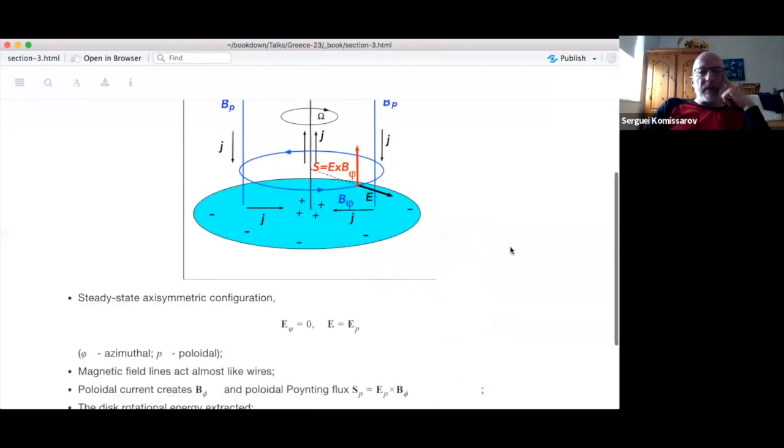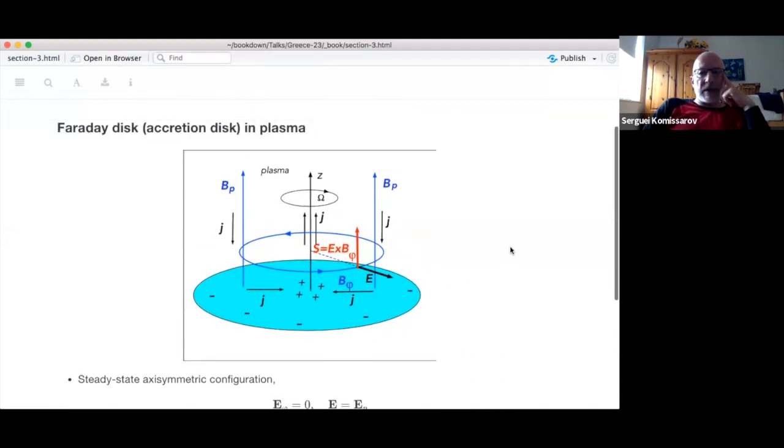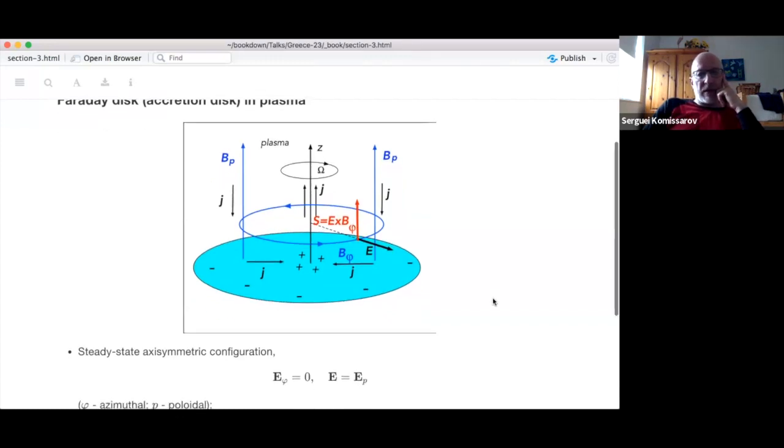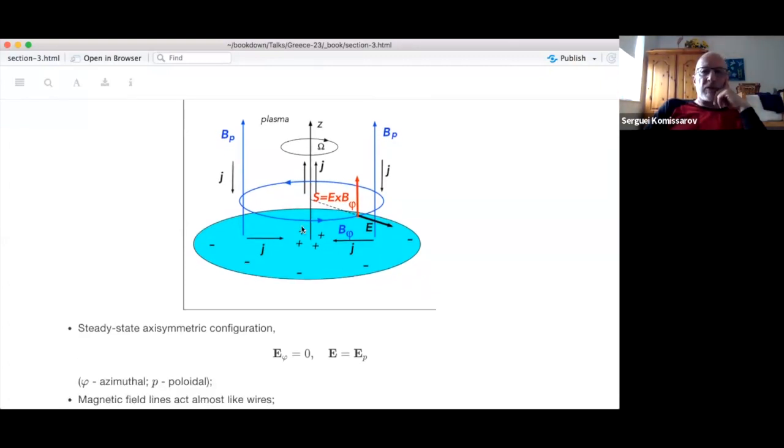All right. Now, in astrophysical applications, we don't have these wires. We've got plasma above and below this disk, right? And the magnetic field lines work as a wire along which these free charges of plasma can flow. And as a result of the current which flows along the magnetic field lines, we've got the azimuthal component of the magnetic field.